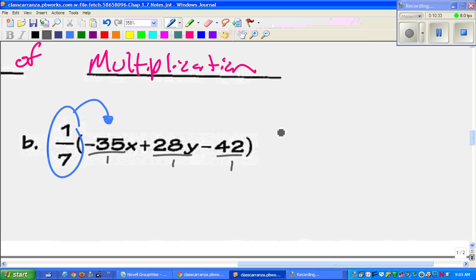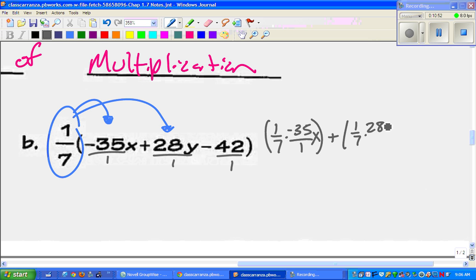So, our first one is 1/7 times -35/1 x plus 1/7 times 28/1 y minus 1/7 times 42/1.